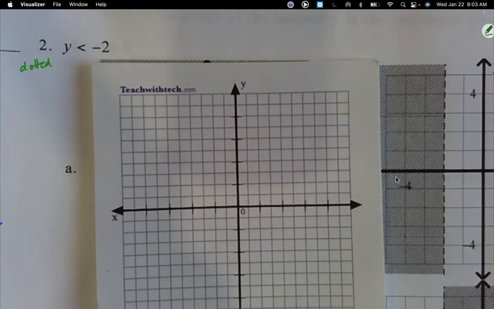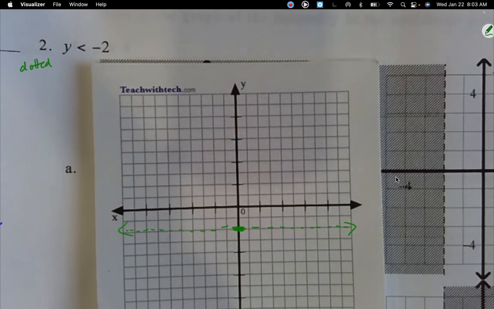Let me make sure I do a dotted line because it doesn't have the equal sign. So y, and then our number, is it going to be a vertical or a horizontal line? A horizontal line. So I'm going to go to the number -2 on my y-axis. Does everybody see -2 on my y-axis? Yes. Right here.